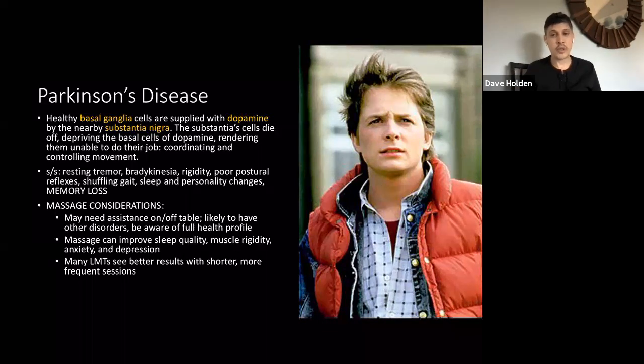So when you ask about treatment, the natural, almost knee-jerk reflex would say, well, if the body isn't producing dopamine, can't we just inject them with dopamine? And the short answer is yes, but the longer answer is synthetic dopamine is expensive. I mean, we can make it for sure, but it's going to cost you.